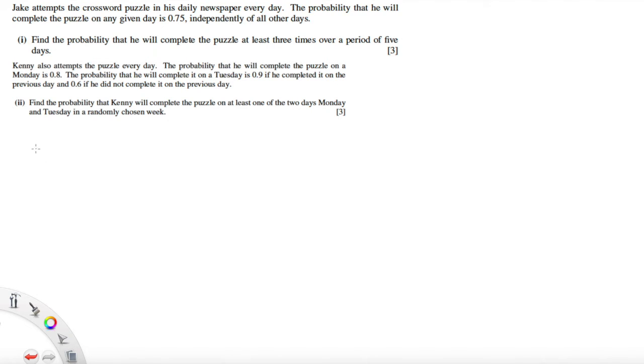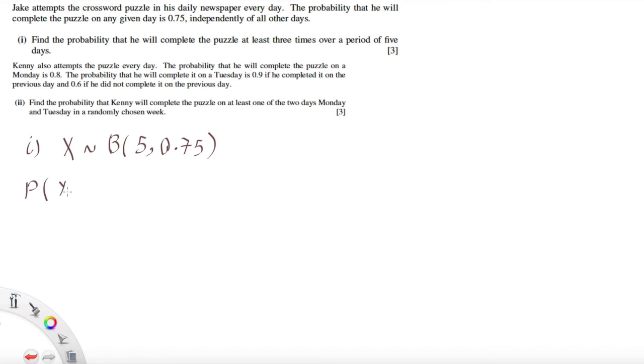Now, as you see, let X be the random variable, the number of days he completes the puzzle. It has a binomial distribution with 5 as the number of trials, and the probability of completing, which is your success, is 0.75.